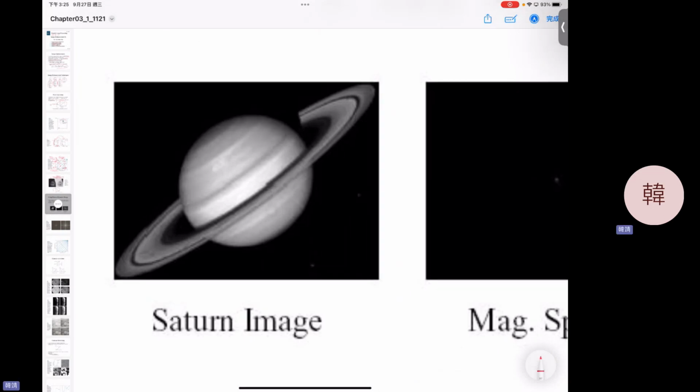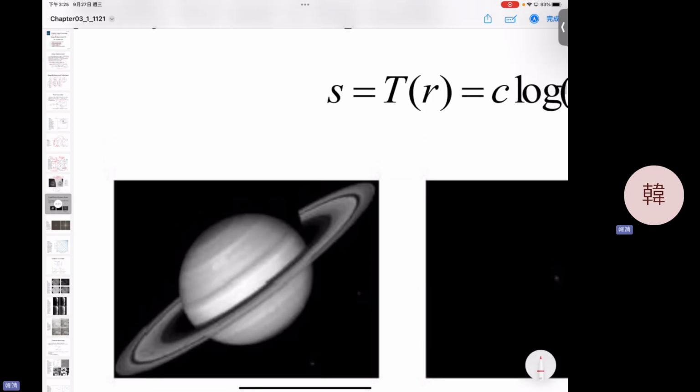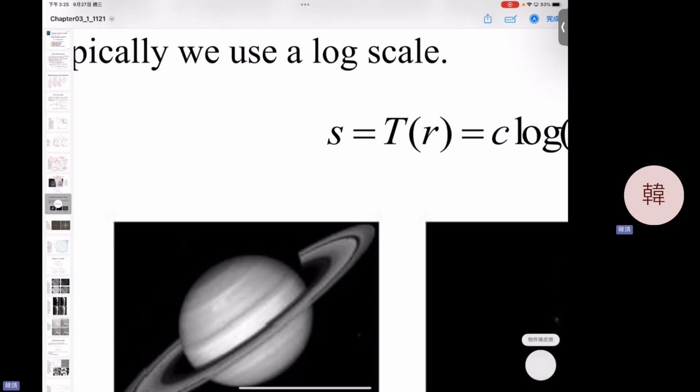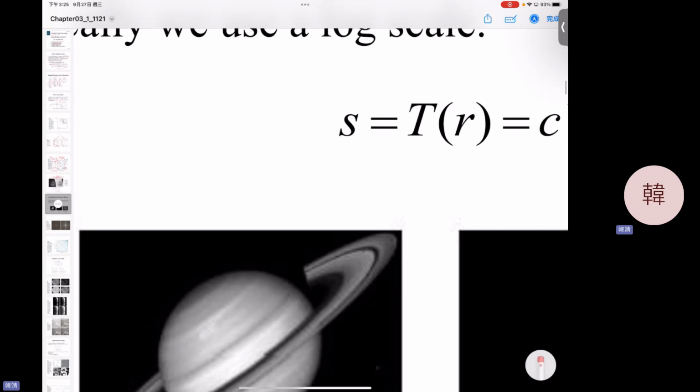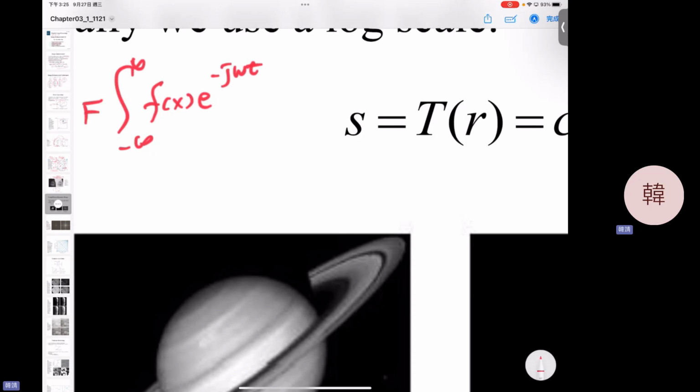If you take the Fourier transform of this image, you know what the Fourier transform is. In the continuous domain, we have f of x times e to the minus j omega t, giving F of u.